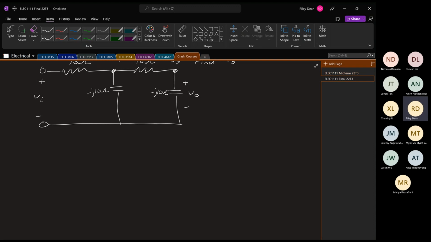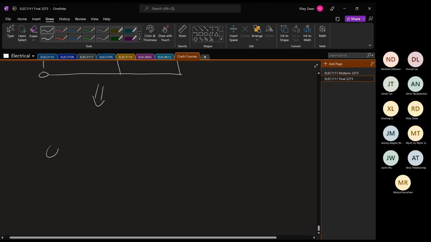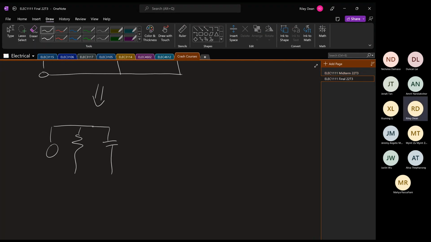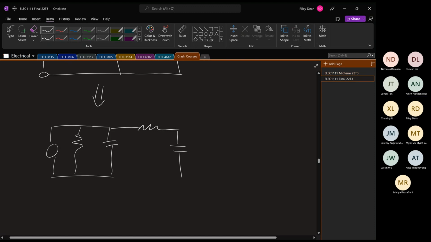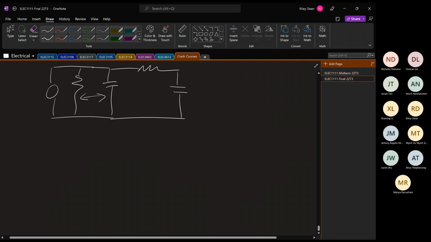Source transformation would definitely be possible as well, because if we replace this with a source like so, we can turn the voltage and resistance into parallel. Sorry, I'm just going to draw that very quickly. Then obviously you can combine those two.